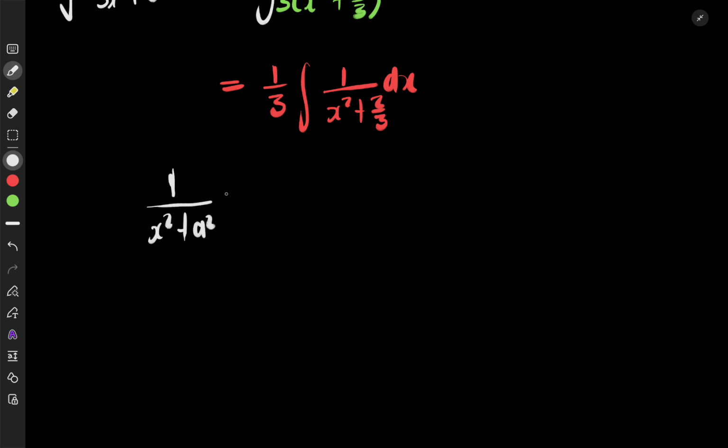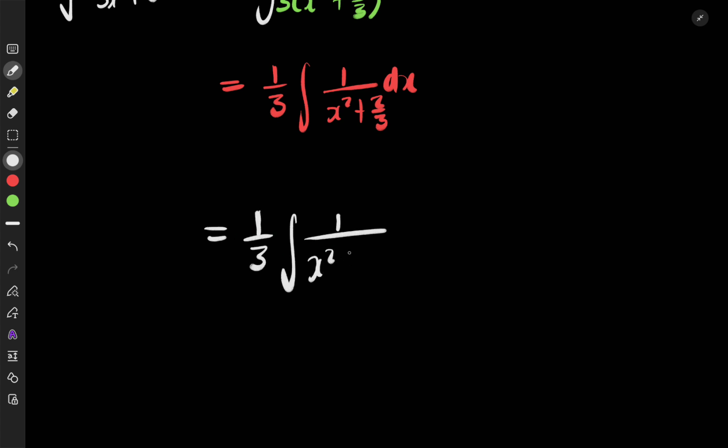So that we can make it like this, because we now know the 6 common integrals, and we know that this is one of them. We have to know them by heart, please. You have to know them by heart. So this is going to be 1/3 integral of 1 over x squared plus the square root of 2/3 all squared.